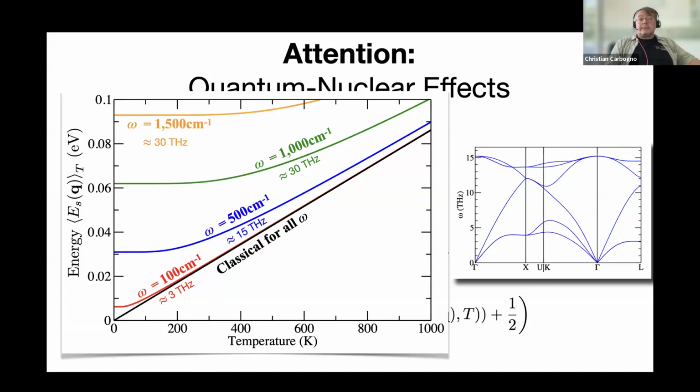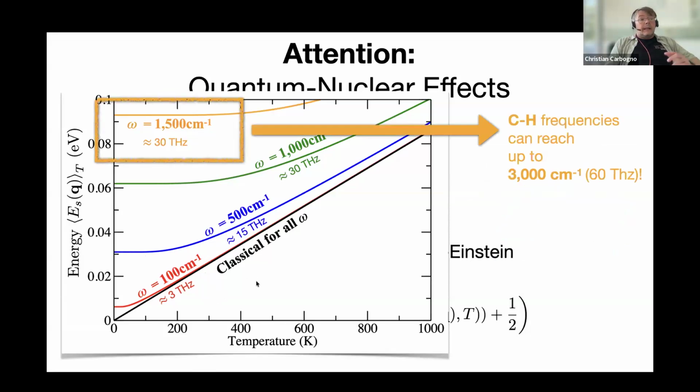And if you think about organic crystals, or especially crystals involving very light atoms like carbon or hydrogen, here frequencies can reach up to 60 terahertz or 3000 inverse centimeters.